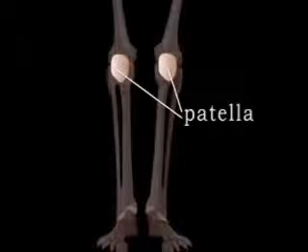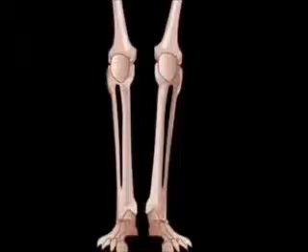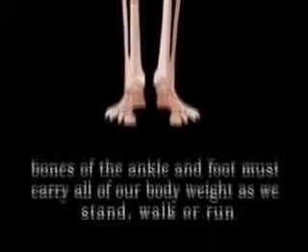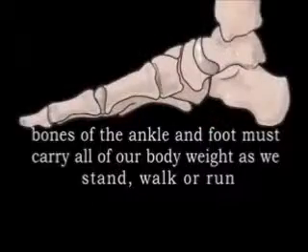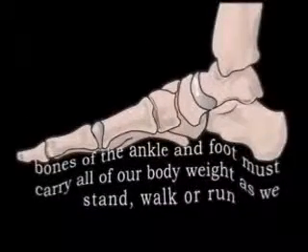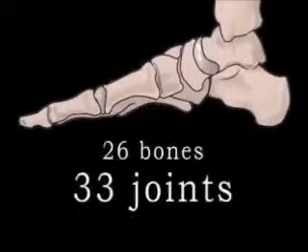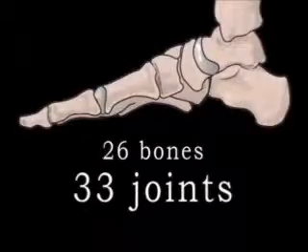The patella, or kneecap, is a large bone between the femur and fibula. It protects the knee joint. The bones of the ankle and foot must carry all of our body weight as we stand, walk, or run. The 26 bones and 33 joints make up our ankle and foot.